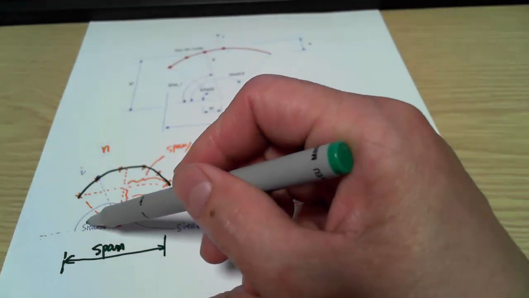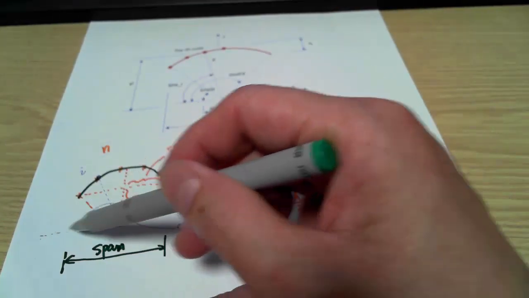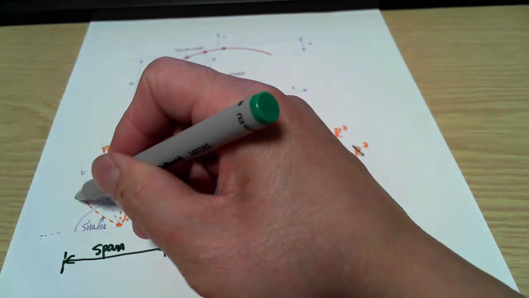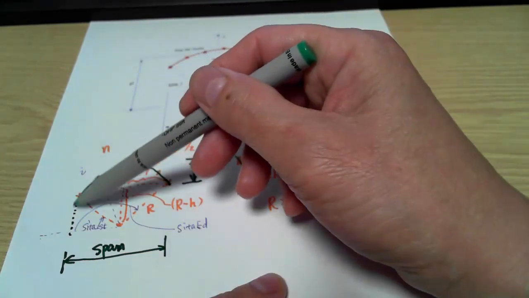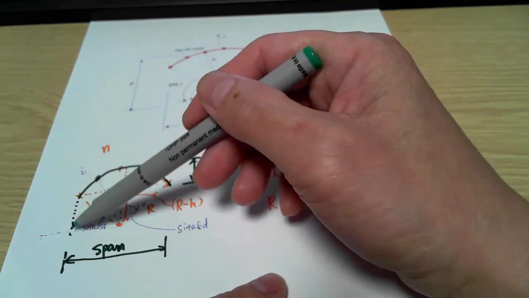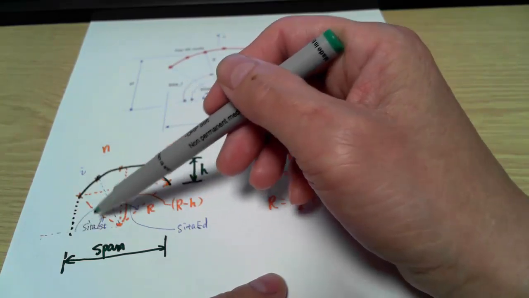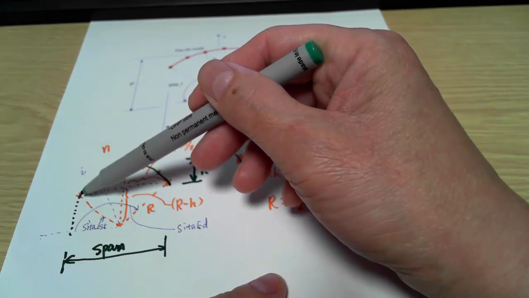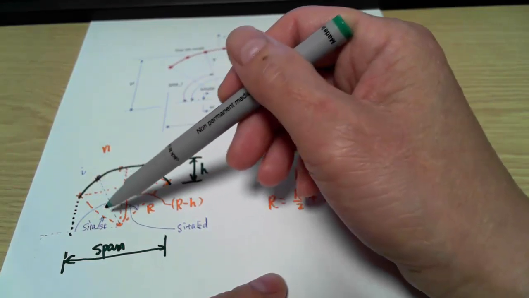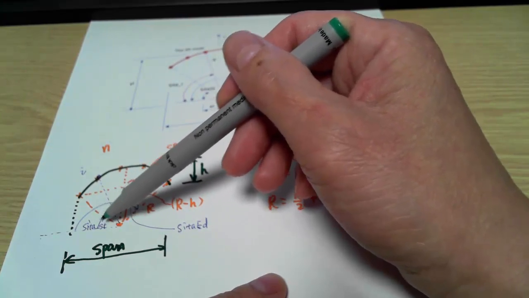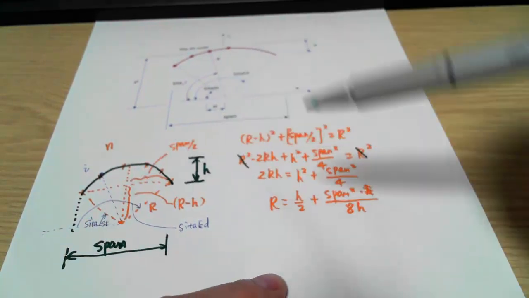If you want to find the theta starting point, you need this triangle to figure it out. This part is r minus h, divided by r, which gives you sine theta. Then use the arc sine to find the angle from here.